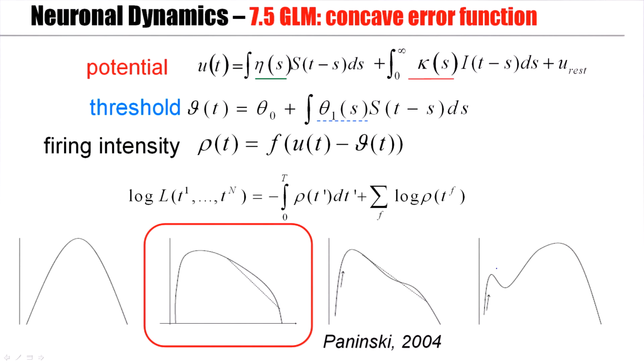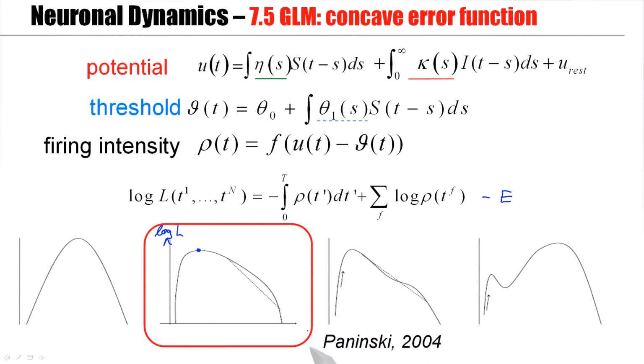So how does this come about? Well, I have the membrane potential, linear parameters, I have the threshold, linear parameters. I have one single nonlinearity. Now if I look at the log likelihood, then it's just the error function with the minus sign. So in fact, I just took the graphs on the previous slide and flipped them around. And so it's now finding a maximum rather than a minimum, if you plot here the log likelihood.